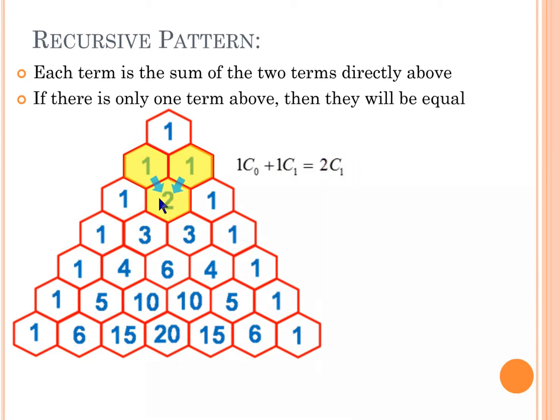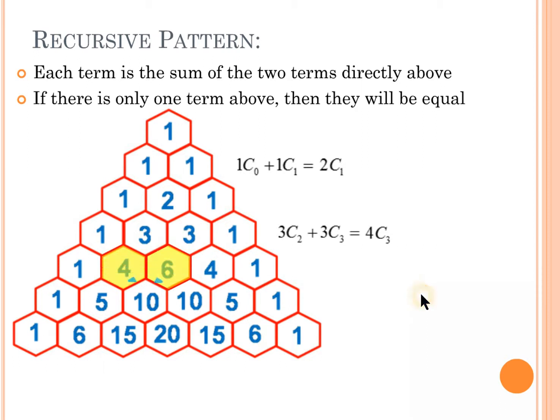This yellow box represents 2 choose 1. We have 3 plus 1 gives you 4. This 3 represents 3 choose 2, and this 1 represents 3 choose 3. If I add those together, I get 4, which is represented by 4 choose 3.